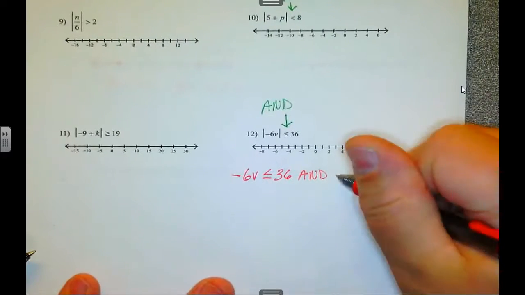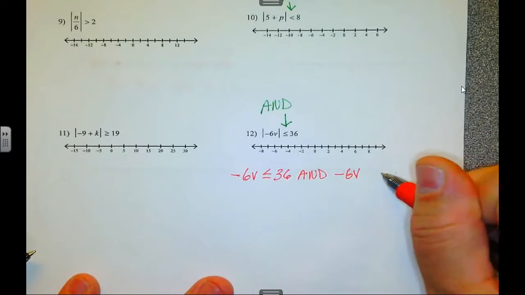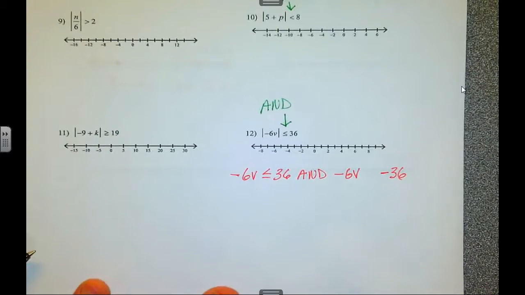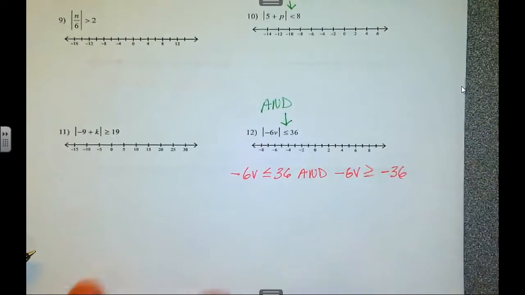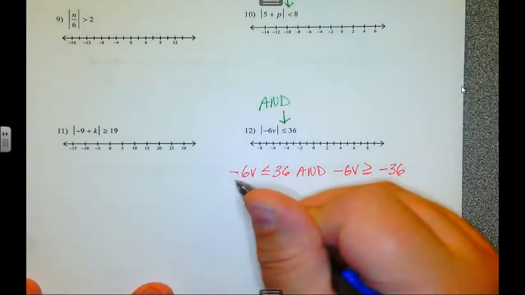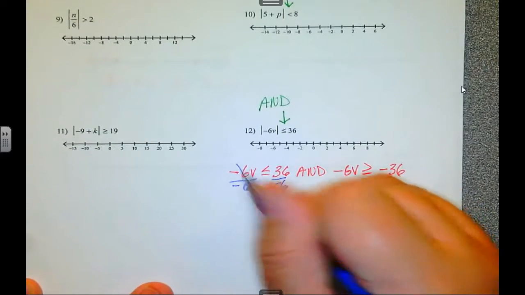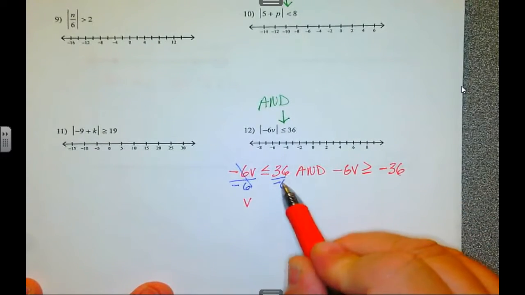Take what's inside. Set it opposite of what's there. But because I switched to a negative, I have to flip my sign. Okay, I have to get v by itself. So I'm going to divide both sides by negative 6. Now this time I am dividing by a negative number.